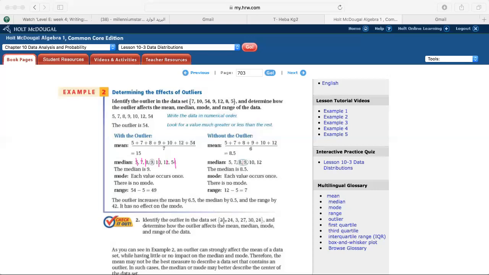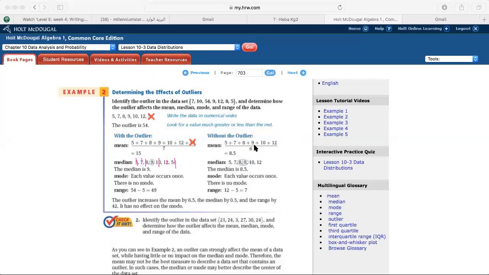I will do all the same steps, but without the outlier. I will exclude the outlier from here, as if it is not here. Okay, so 5 and 7 and 8 and 9 and 10 and 12.